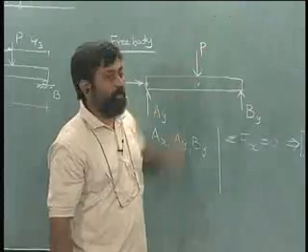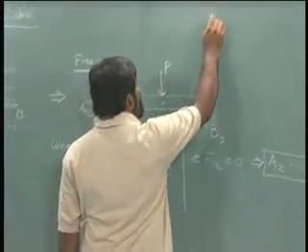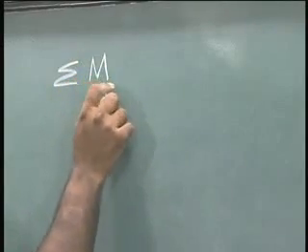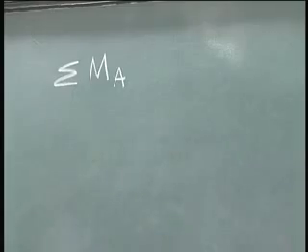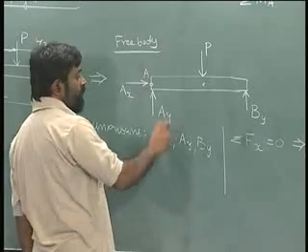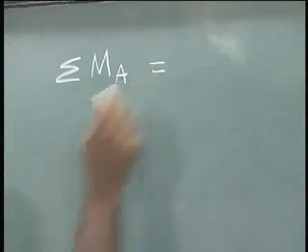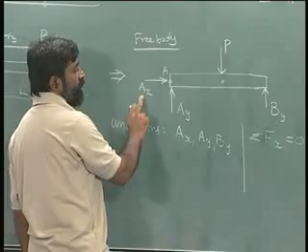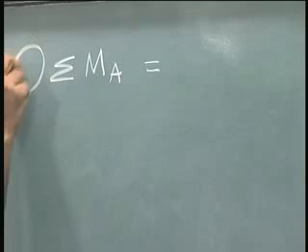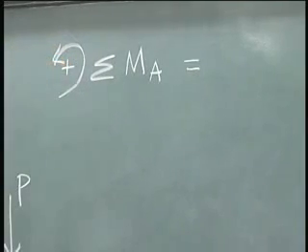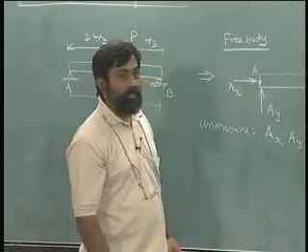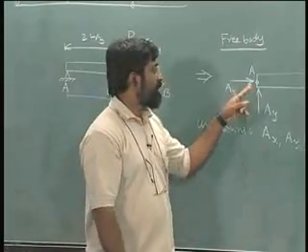Let me write it over here. I am going to write the summation of all the moments at this particular point A equal to 0. It automatically eliminates use of Ay as well as Ax, only P and By will come into the picture. Let me take anti-clockwise to be positive. This helps in writing it out clearly. Again, the exercise is simple.